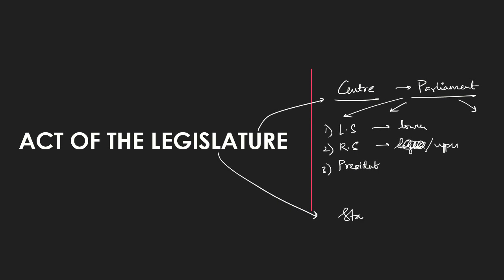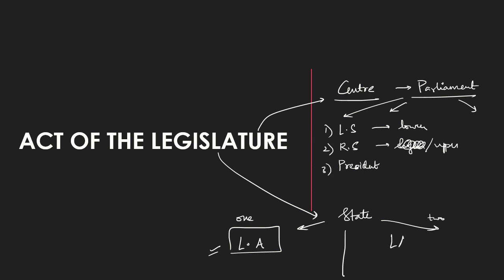At the state, I said, there are two kinds of states. In some states, there is only one house, that is the State Legislative Assembly. So, when there is only one house, there is no question of upper or lower. But in some states, there are two houses.